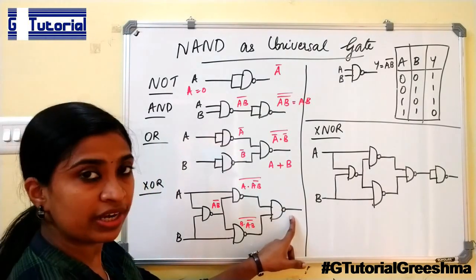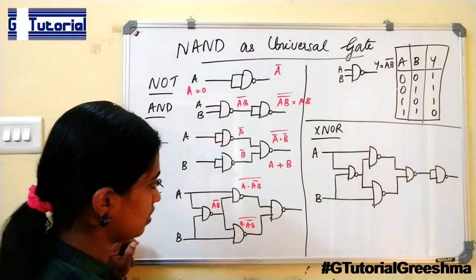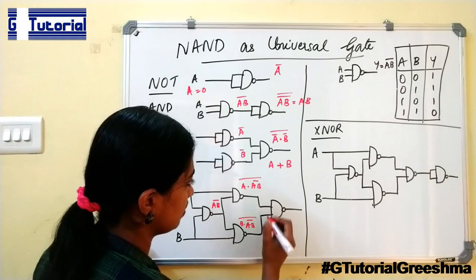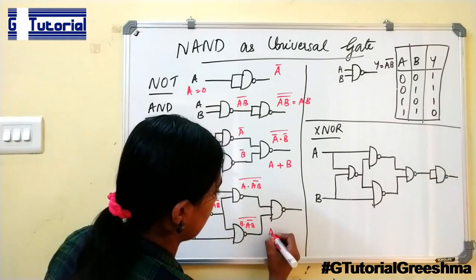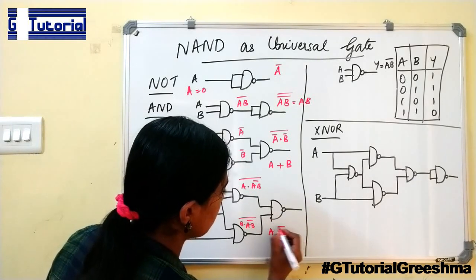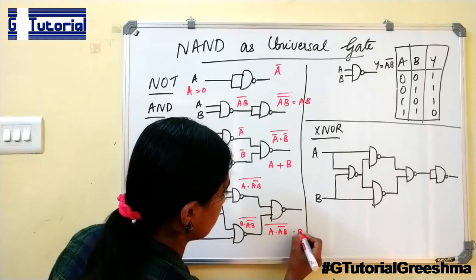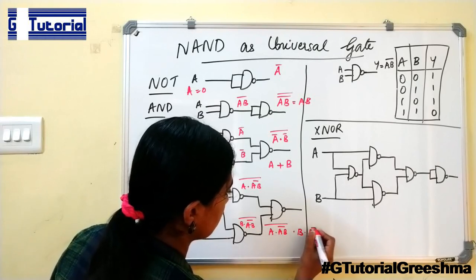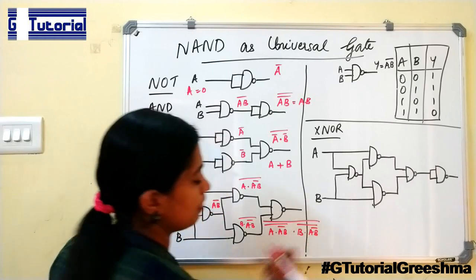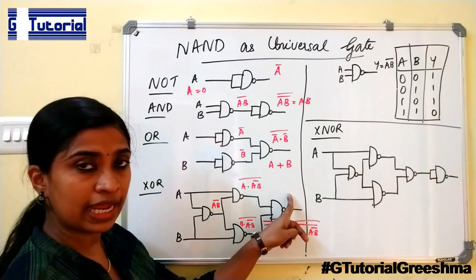Its output is provided here. So it will be ((A dot (AB) bar) the whole bar) dot ((B dot (AB) bar) the whole bar), the whole bar. This is the output of this NAND gate.